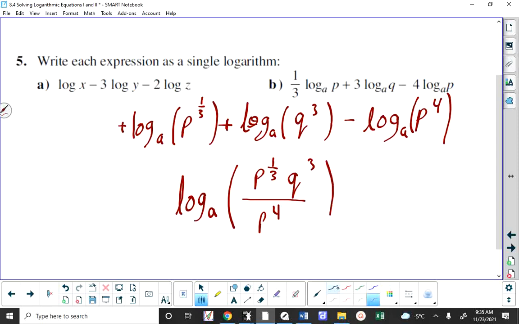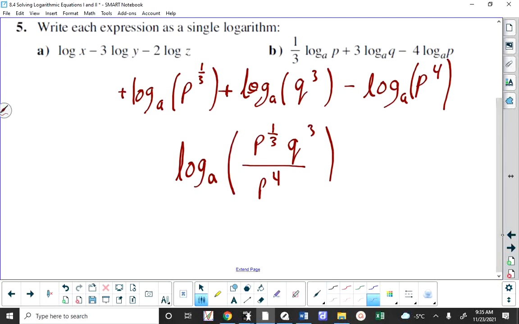But now we can simplify p to the third over p to the 4. Normally I would say I like to cancel variables rather than using the quotient rule for exponents, which says x to the m over x to the n equals x to the m minus n. Normally I would shy away from that rule, but since we have fractional exponents, I think it's a good idea.